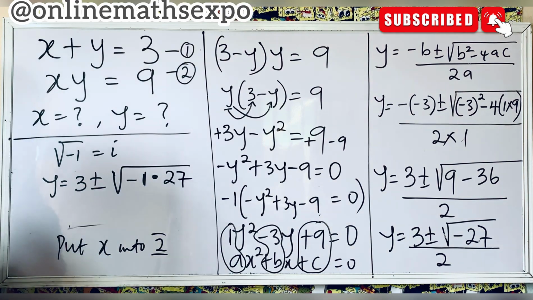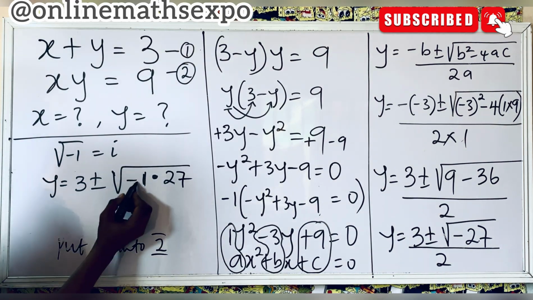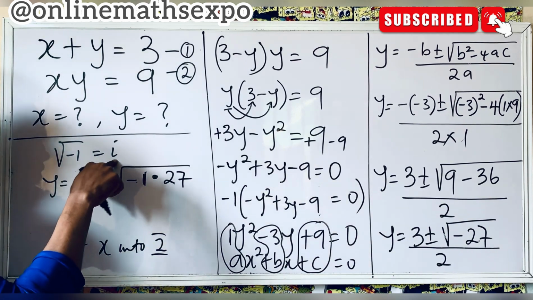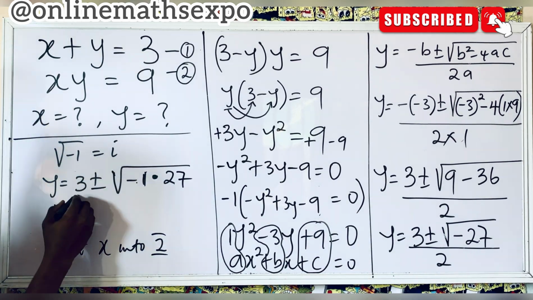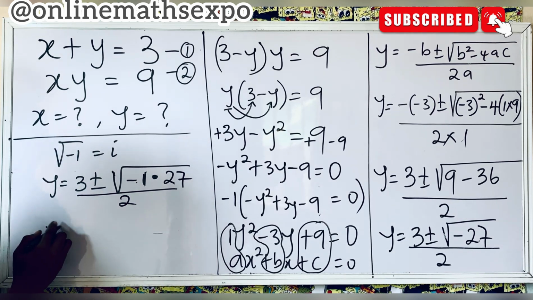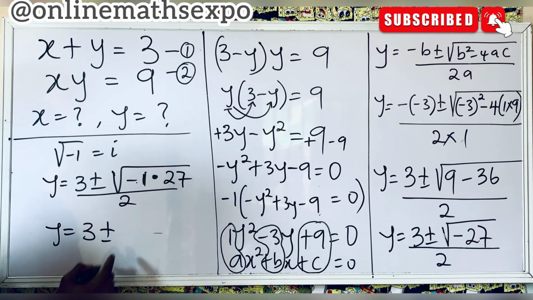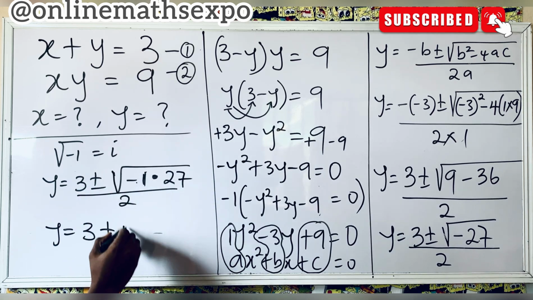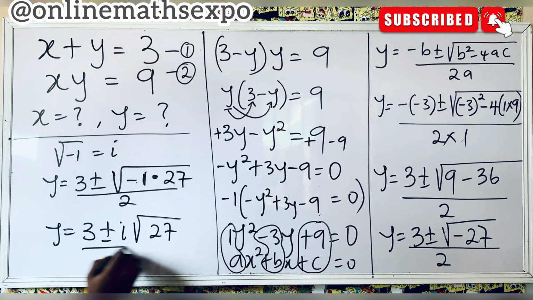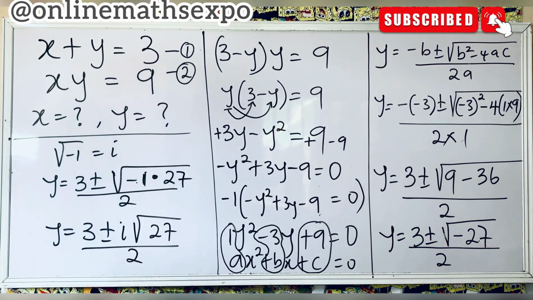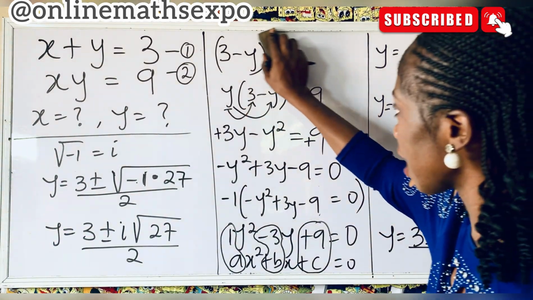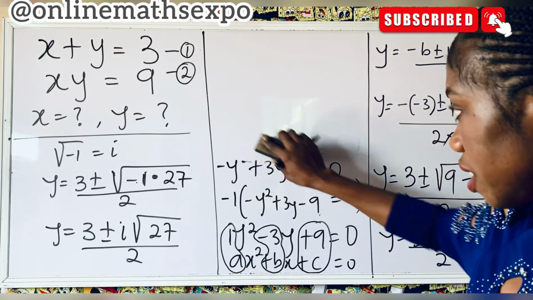So in that case, if you bring the -1 out of the root, it becomes i. So we have y is equal to 3 plus or minus i times the square root of 27, all over 2. Now this root 27 has a perfect square in it, and the perfect square in that value is what? 9.